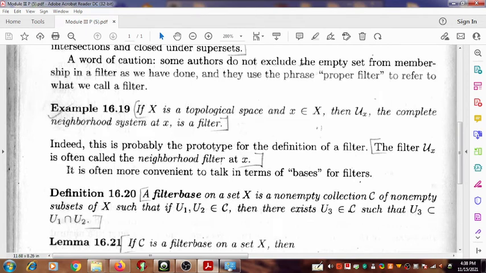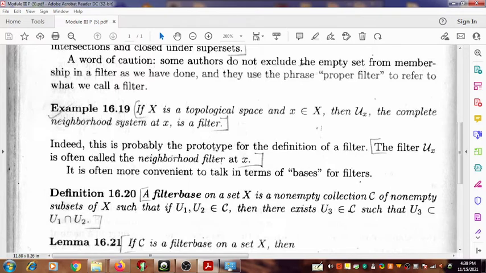Indeed, this is probably the prototype. From the history of the development of the concept of filter, it acts as the prototype. Which one? The complete neighborhood system.